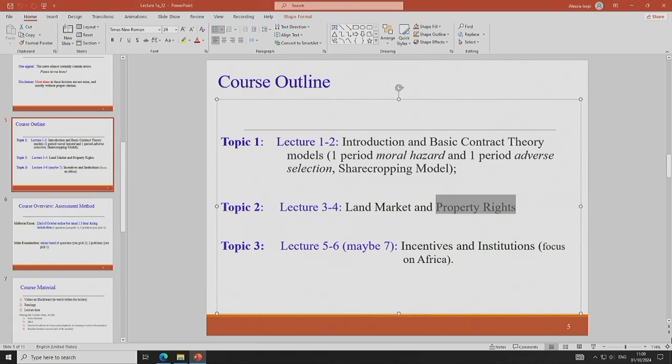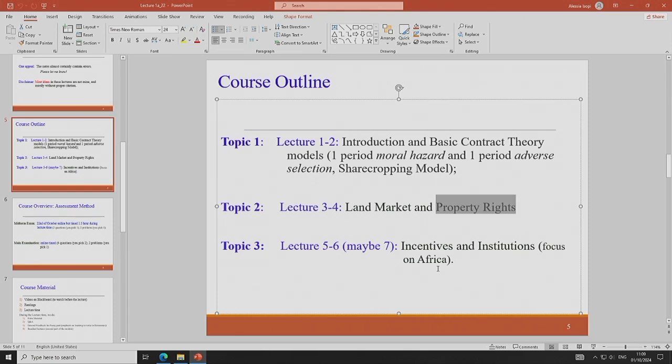Once we have seen all the micro aspects associated with land market and property rights, we will move to see how this, at the micro level, can eventually have an impact on growth. And so we move from the micro point of view to the macro point of view. As I already said to you at the very beginning, we're going to see some theories about why some countries grow faster than others. The focus will be on institutions and in particular on Africa.